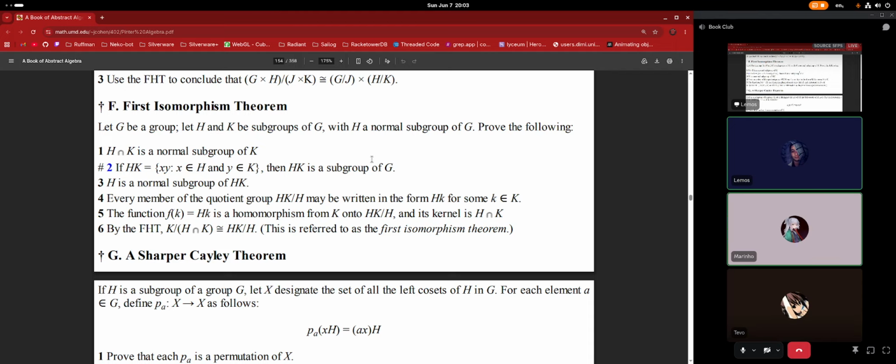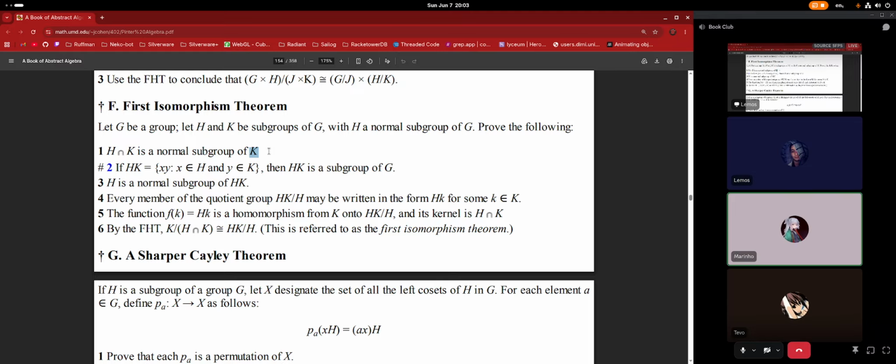if you intersect those two sets, you're basically making sure that any elements from K that would prevent it from being a normal subgroup will be eliminated. Yeah, but to me, the intuition says that this is a normal subgroup of G. But we have to prove that it's a normal subgroup of K. Well, it's because that's an intersection, right?